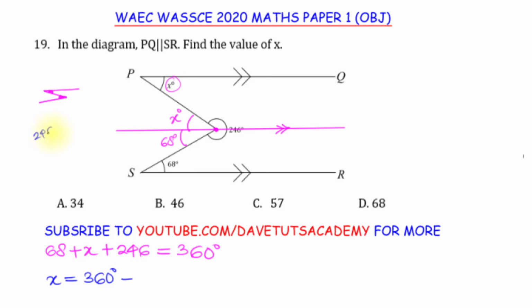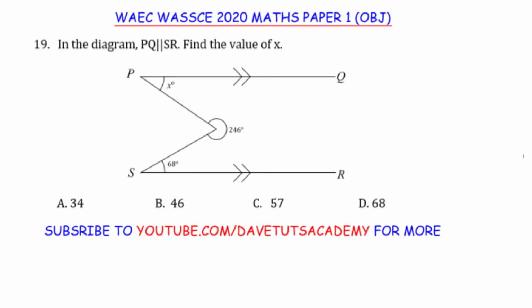We have 246 and 68. 6 plus 8, that is 14, remaining 1. 4 plus 6, that is 10, plus the other 1, that's 11. Then 2 plus 1, that's 3. So 360 minus 314 degrees, so that will be 46 degrees, which is option B. Okay, now that's one way to go about it.